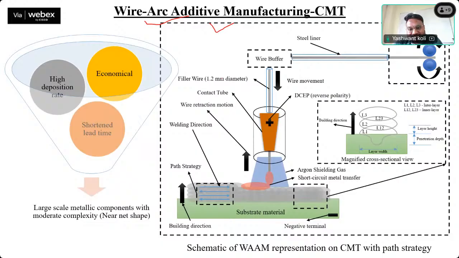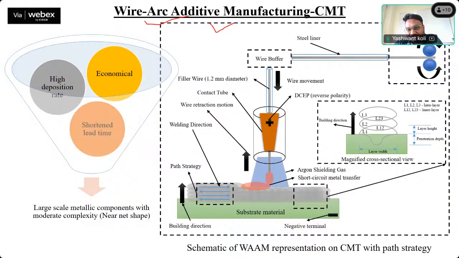We can use other power sources also, like GMAW, GTAW, pulse, and PAW, but researchers and experimental results tell us that CMT has many advantages over these: it has a high deposition rate, it has low heat input, and due to that low heat input, the thermal gradient issues are not that much of a problem.